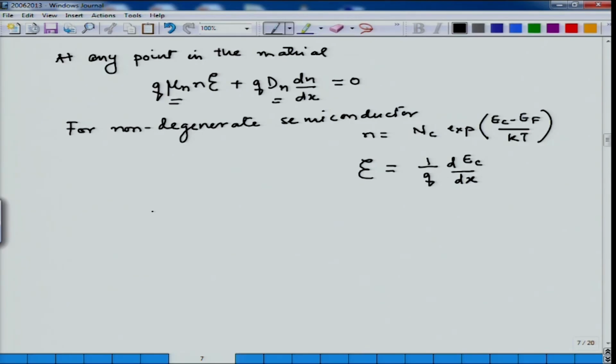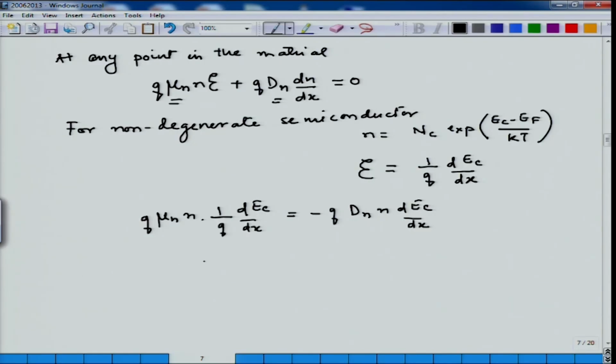So, if I use these expressions for a non-degenerate semiconductor, I can write the electric field as given by the amount of band bending, and dn/dx will be nothing but n times dEc/dx.